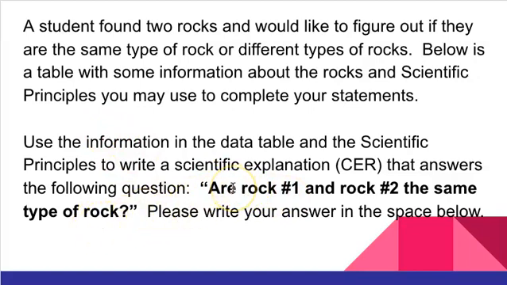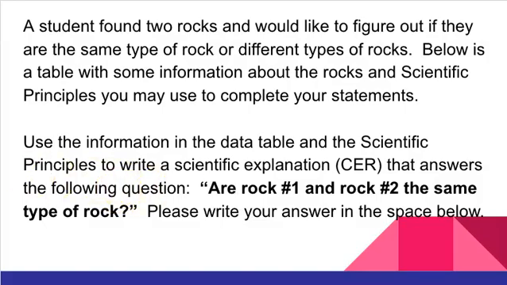I have about a dozen students who, when we took our last test in class, never answered the question. I don't really know what you were answering. The question is, are rock 1 and rock 2 the same type of rock? So your claim should answer that question. All your evidence should support your answer, and that should be in your reasoning as well.